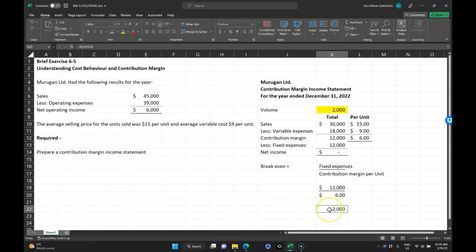That's the volume. So that's a really quick way to calculate it without having to guess going up and down and trying to see if my net income zeroes out. But I'm going to put this back to, I believe it was 3,000. That's what this income statement was based off of. And we are done.